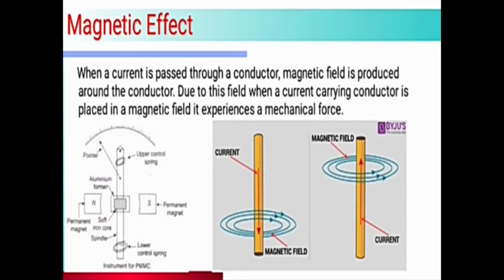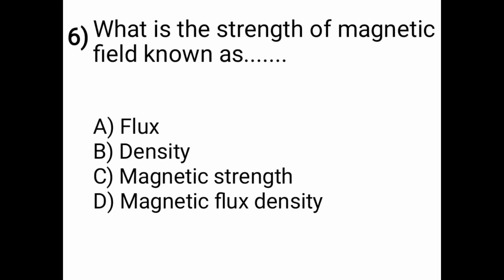When a current is passed through a conductor, a magnetic field is produced around the conductor. Due to this field, when a current carrying conductor is placed in a magnetic field, it experiences a mechanical force. Here we see the instrument, the PMMC.